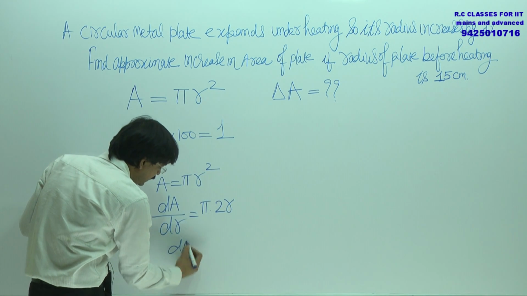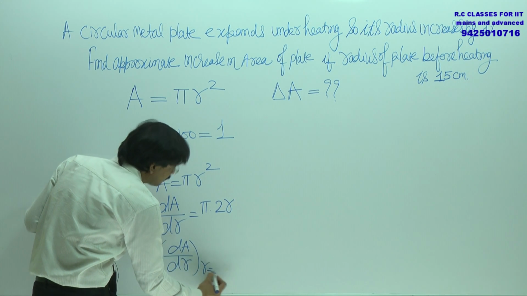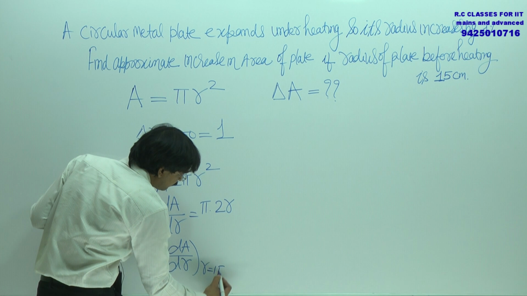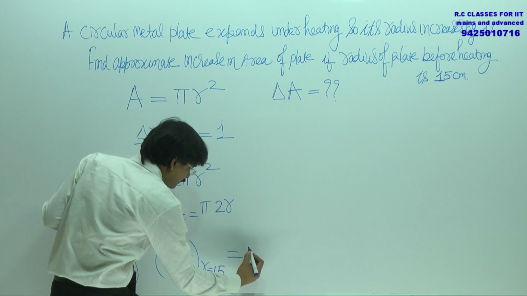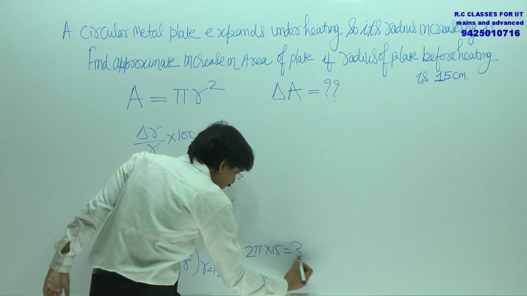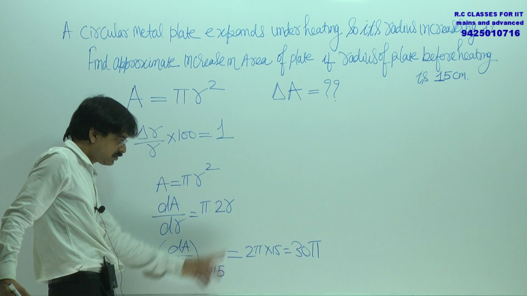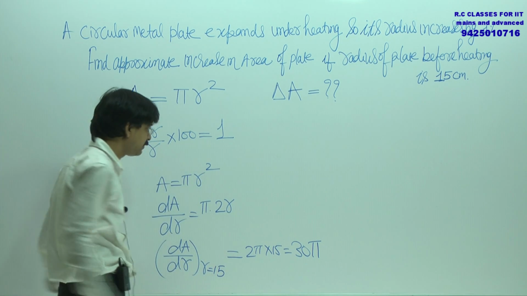And then dA by dr at what? Initial radius has been given as 15 centimeter, that is equal to 30 pi. So dA by dr at r equals 15 is 30 pi.